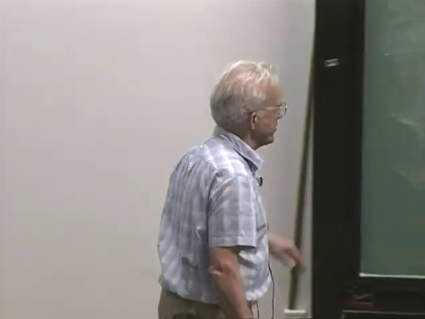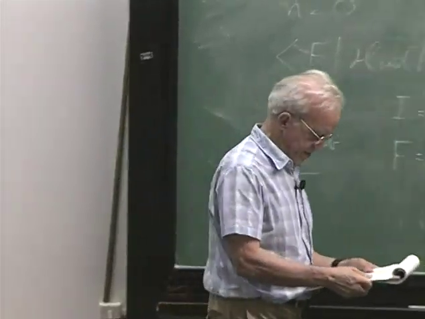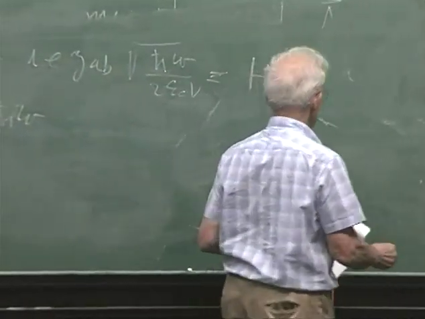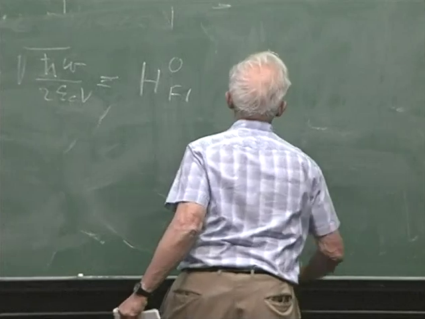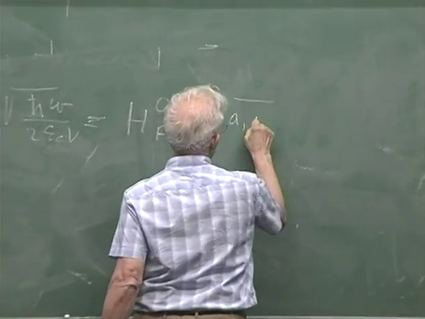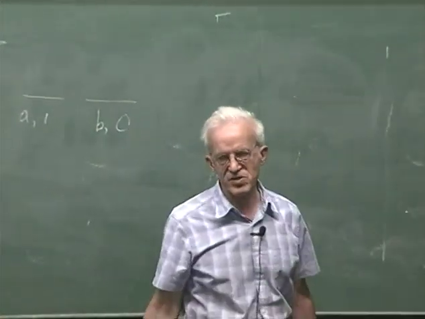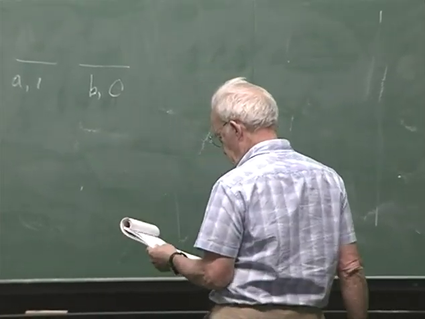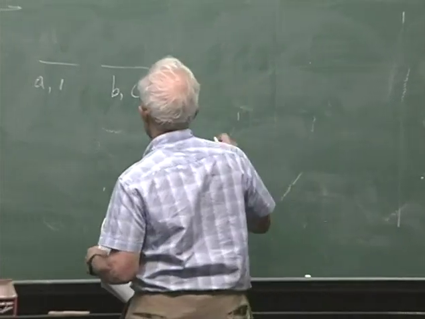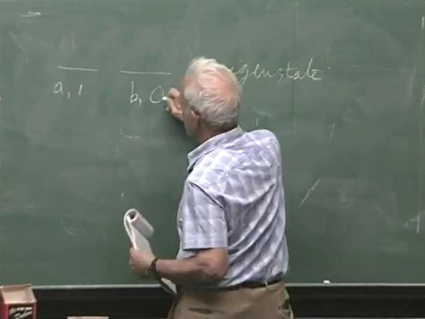Okay? Well, when you have degenerate states, but there's a first order interaction between them, you split the degeneracy. So here are my two states. This is A and 1 photon, and this is B and 0 photons. These are the base states of the system, but when I put on this interaction Hamiltonian, they're not the eigenstates.